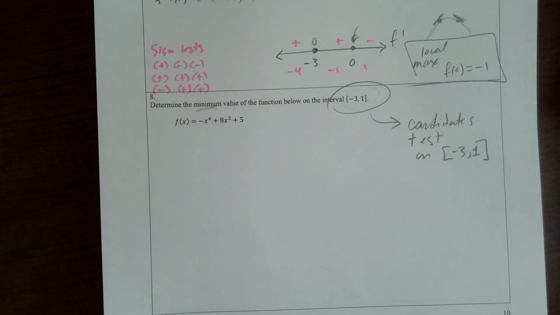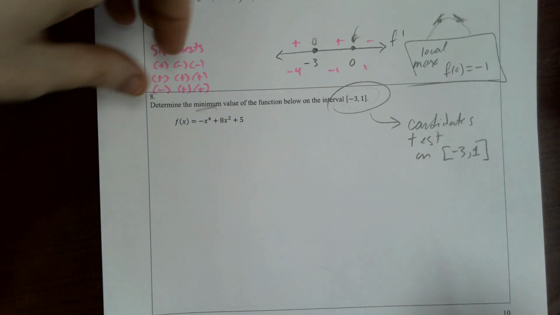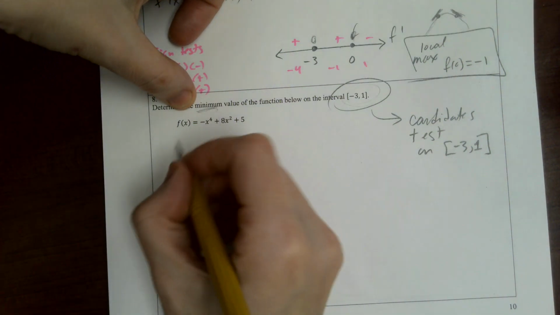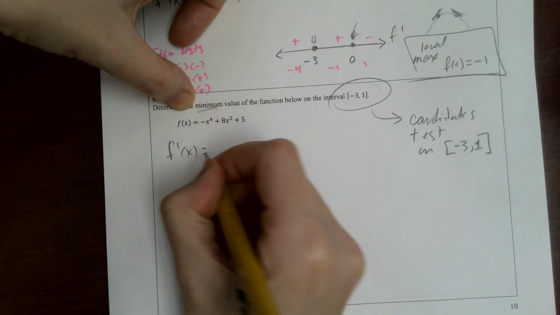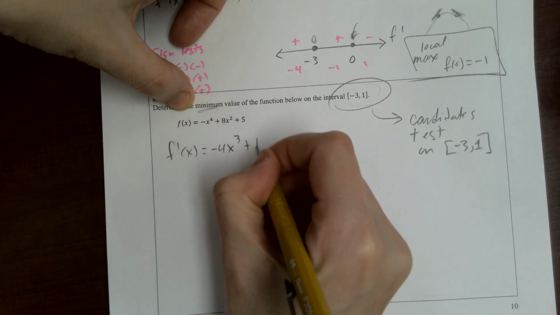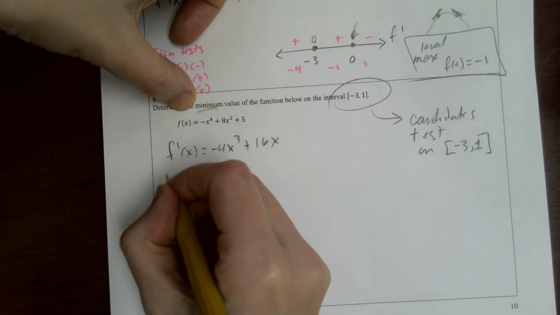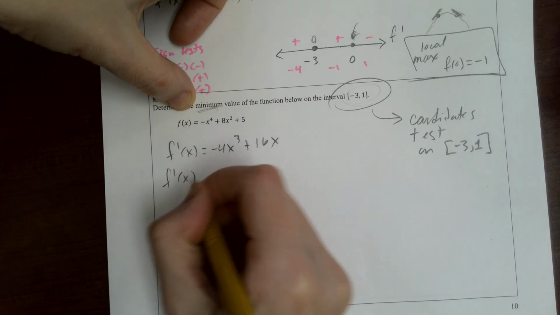And the very first move is to find the critical numbers of f. So this is f, so I'm taking the derivative. And I'll factor it.